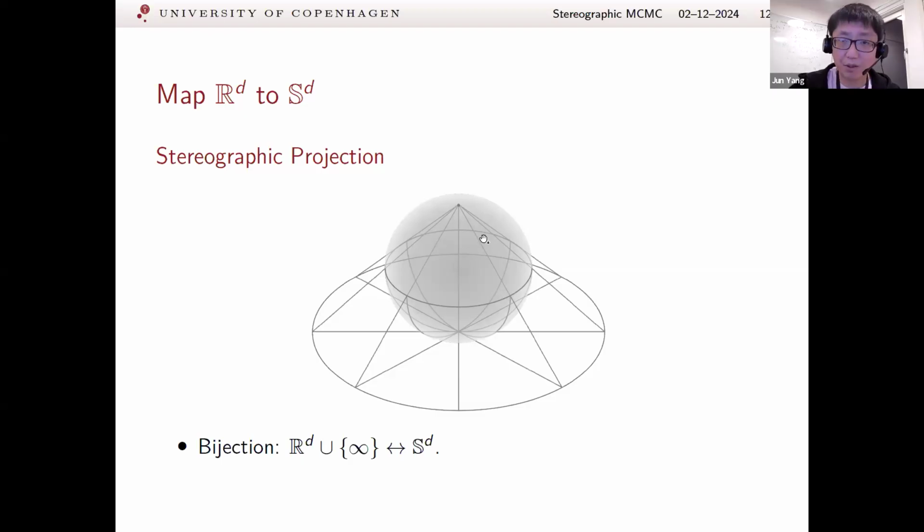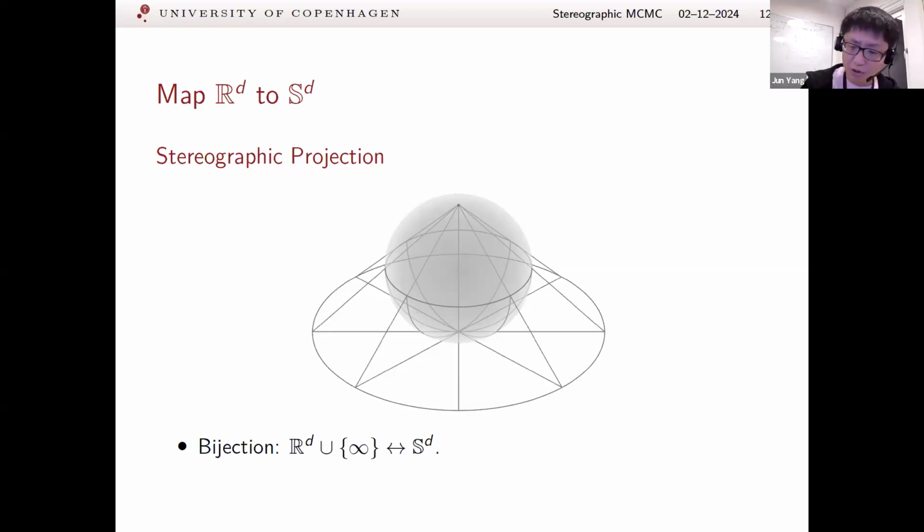Similarly, for any point on the sphere except the north pole, I can do the same and map this point on the sphere to a point in the Euclidean space. So this is almost a one-to-one mapping between the Euclidean space and the sphere. The only exception is the north pole, which is not mapped to any point in the Euclidean space. So I will simply add one state to my state space called infinity, and map the north pole to this infinity. In that sense, I have a one-to-one mapping.